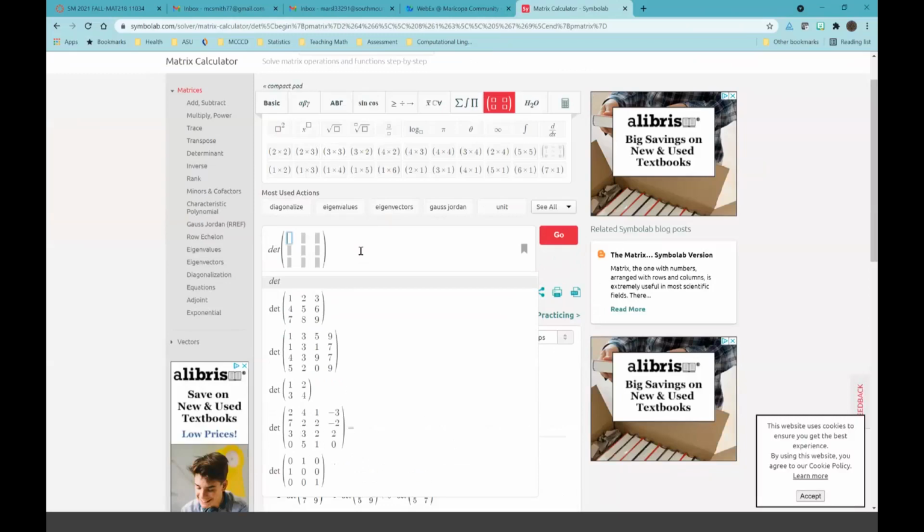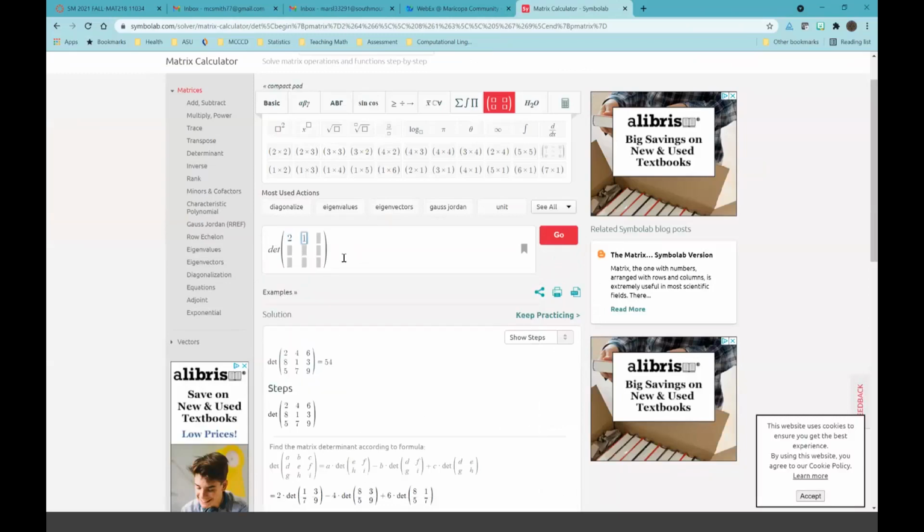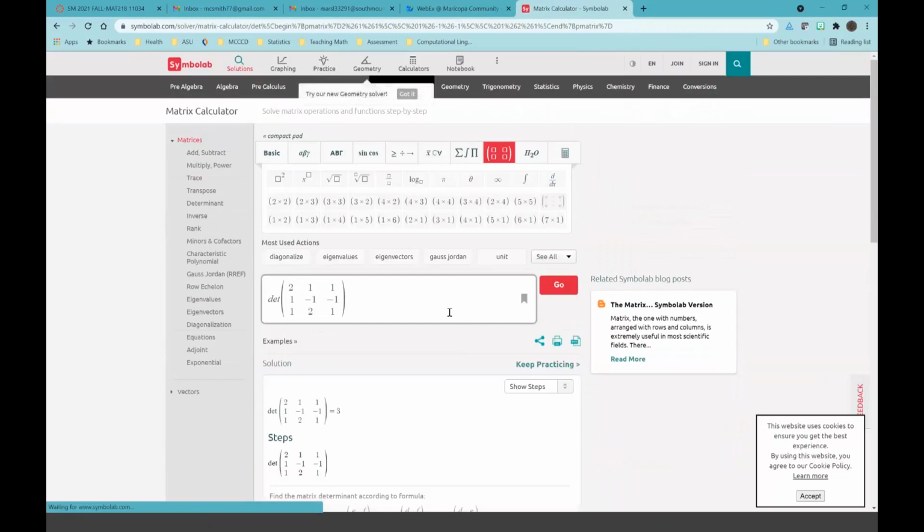And I'm going to put another 3 by 3 in here, only I'm going to put these coefficients in. So I have 2, 1, 1, 1, negative 1, negative 1, 1, 2, 1. Okay, so that's the coefficient matrix. I have DET out in front.